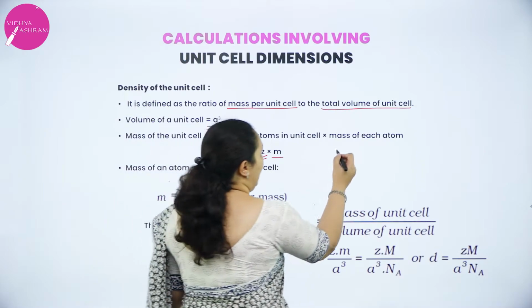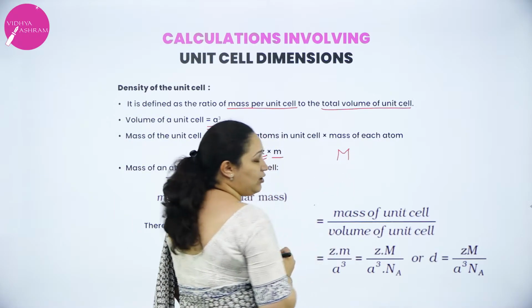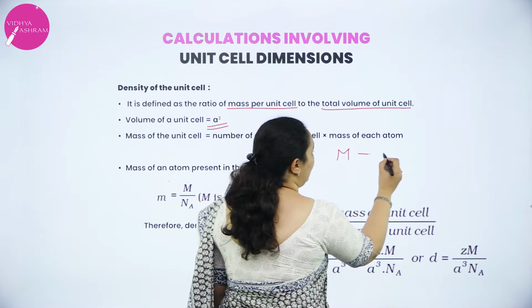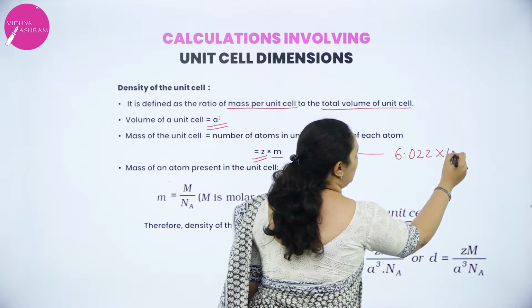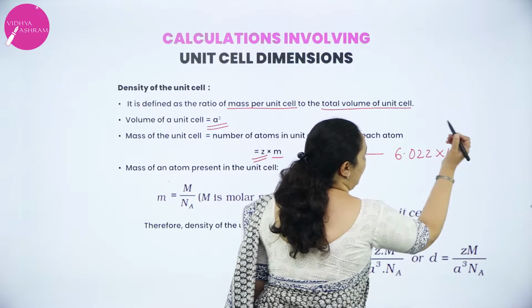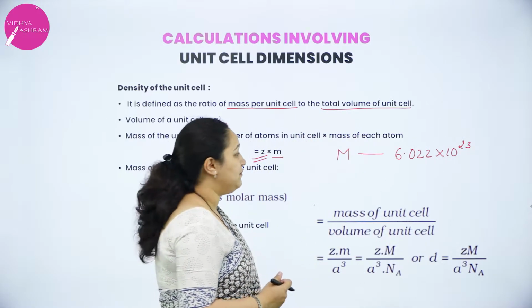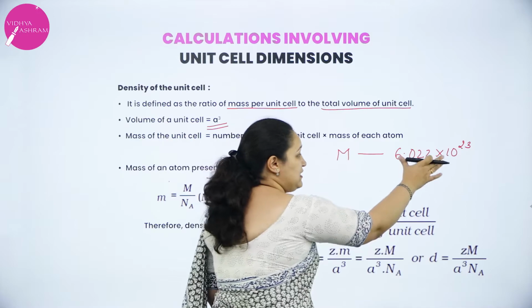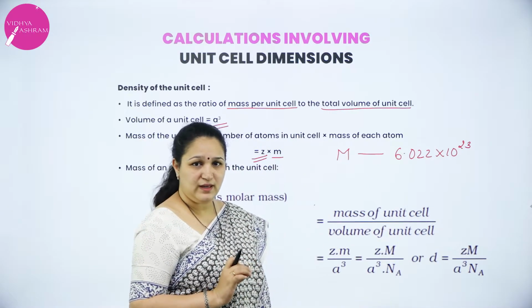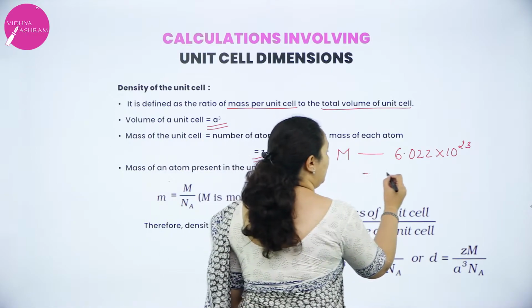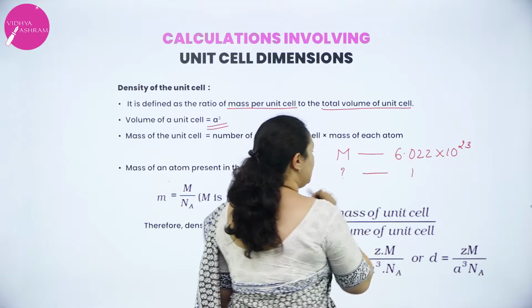So, if M is the molar mass or atomic mass, it will contain 6.022 into 10 to the power 23 particles or atoms. That means these many particles weigh M grams. So, mass of one atom is how much?